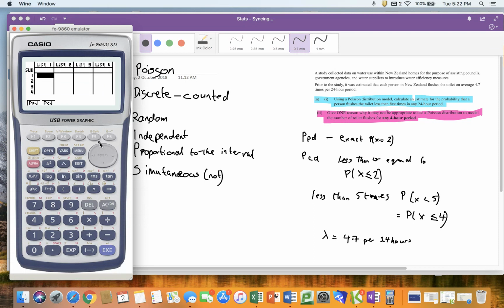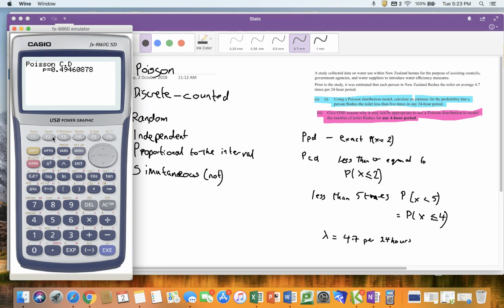So I'm going to go to a PCD because I'm doing a less than or equal to 4. When I first go in there, it's saying list at the top, so I have to remember to tell it I'm doing a variable. My X number I want to work out is 4 because it's less than or equal to 4. My mean is 4.7.